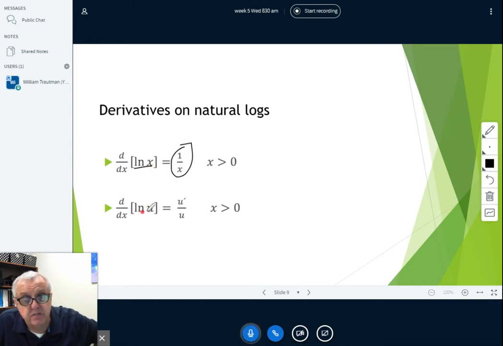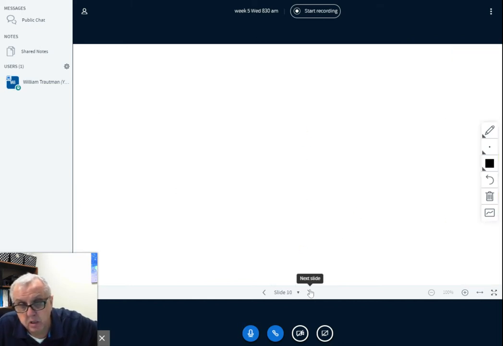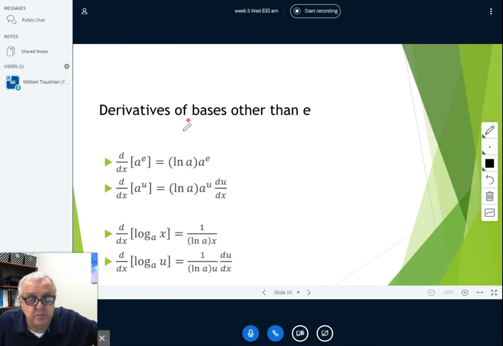The derivative of the natural log of u is 1 over u times u prime, right? Then you take the derivative of u if you want to change it to a u. And there's some other derivatives for bases other than e on here. You can take a look at those, or go to your book and take a look at those.